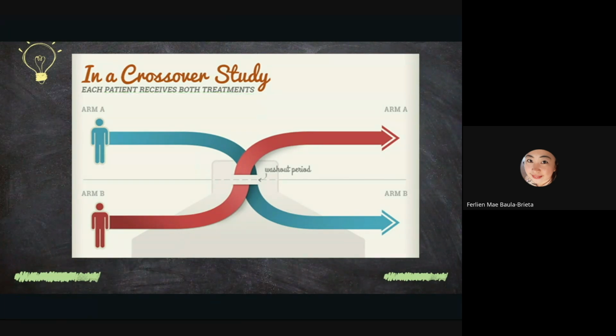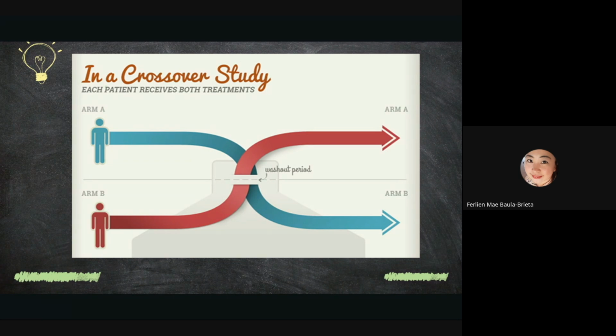What's the benefit of this one versus the 2x2 factorial design? In this one, we have to understand that this is done because as human beings, we have to eliminate differences among, for example, genetics, among different predispositions, among comorbidities.